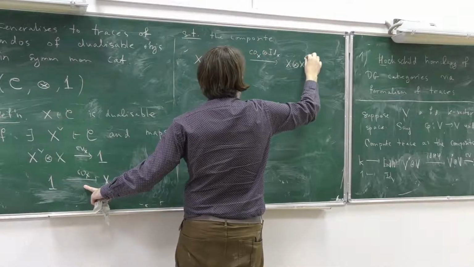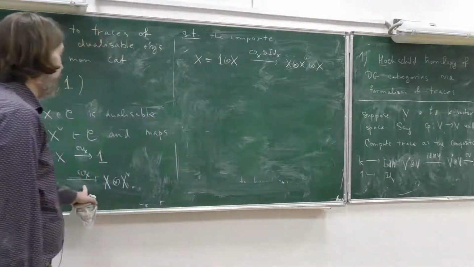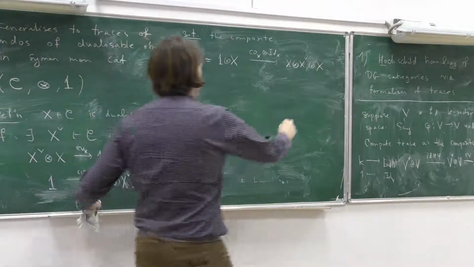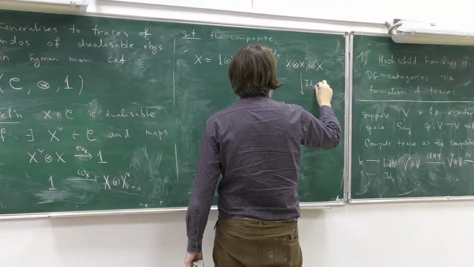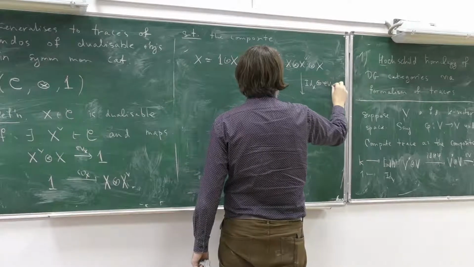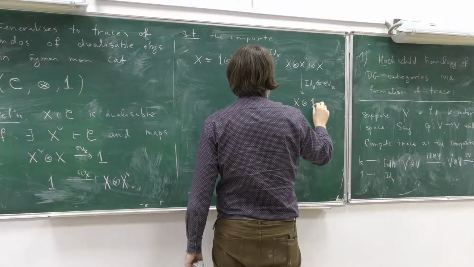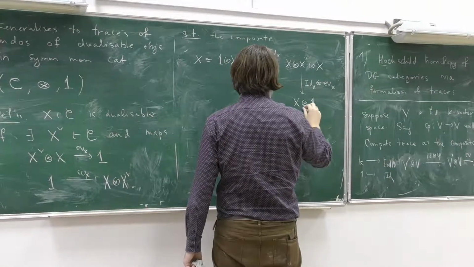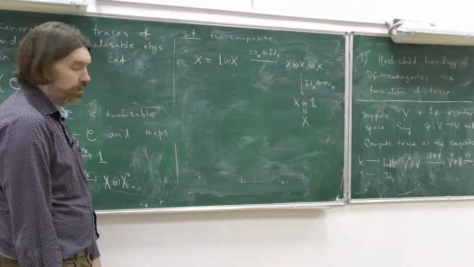So this will be x check x. And then on the other side, I'll have id on this factor, evaluation. Okay, so that will give me x and 1, which, since the unit is x. So this composite should be the identity.